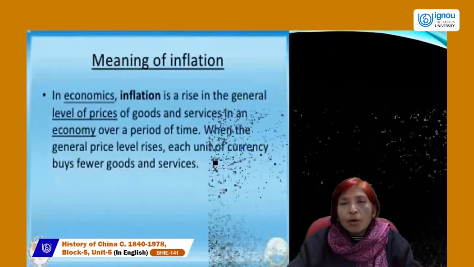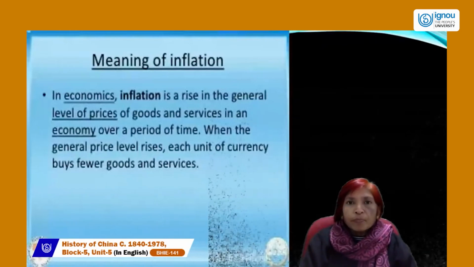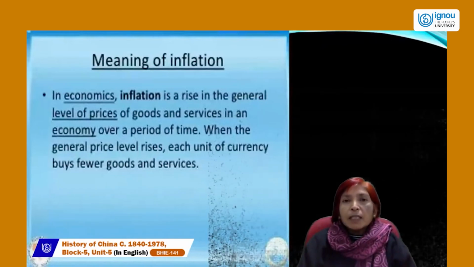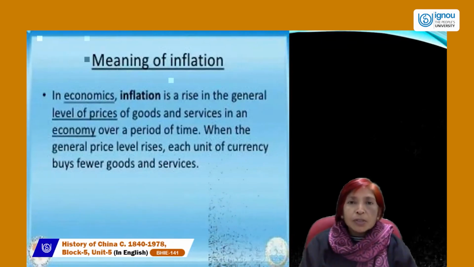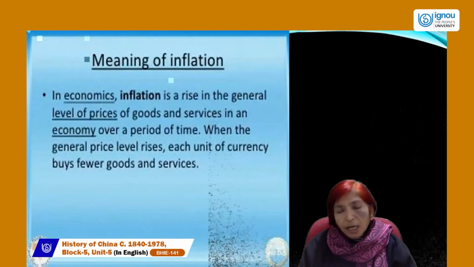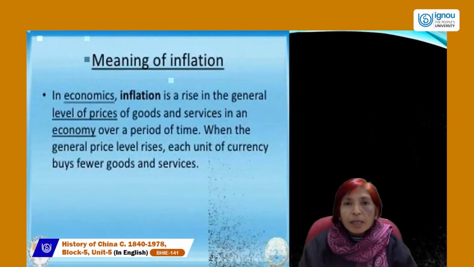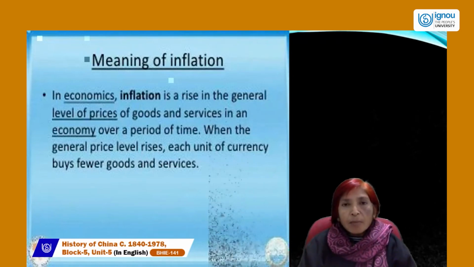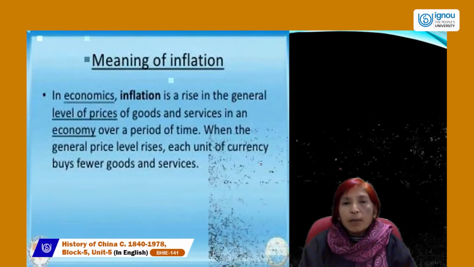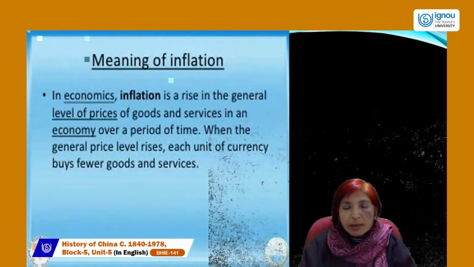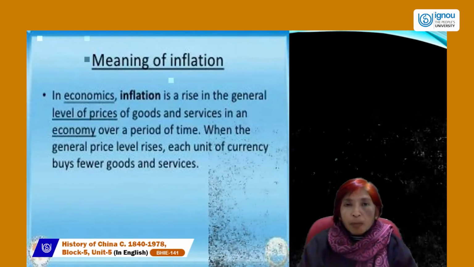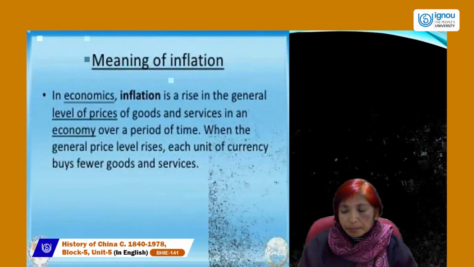Because when money supply or price level increases, the purchasing power of the consumer falls. And when purchasing power falls, we can buy a smaller amount of goods and services by paying a huge amount of money. That is the main problem of inflation.